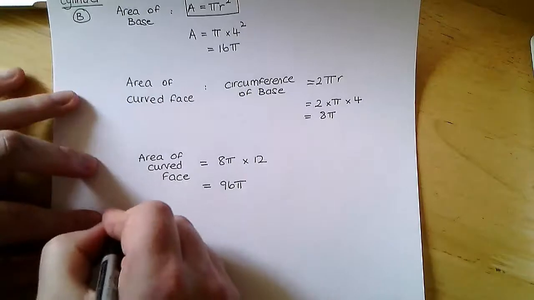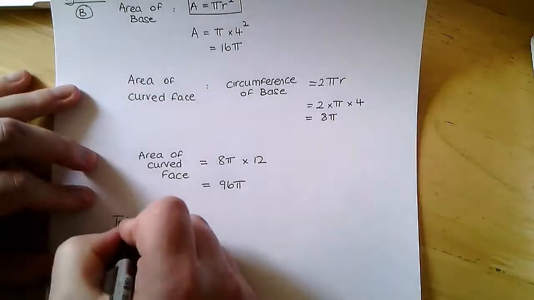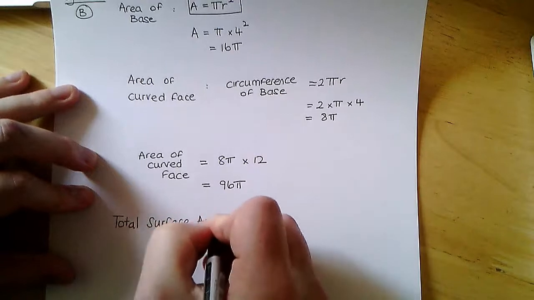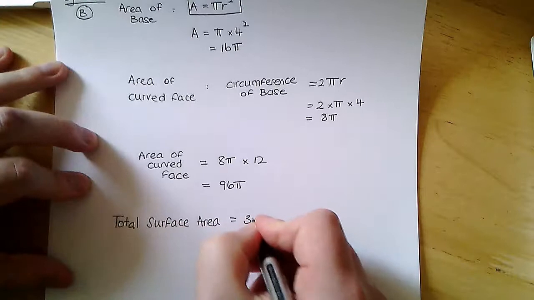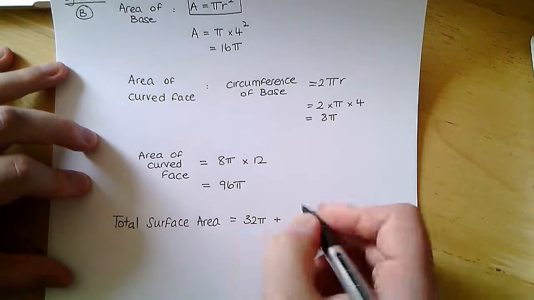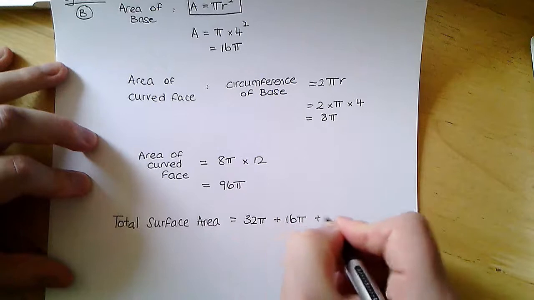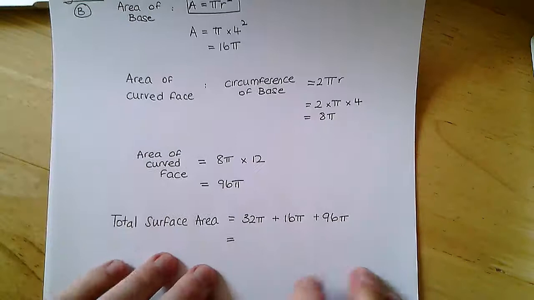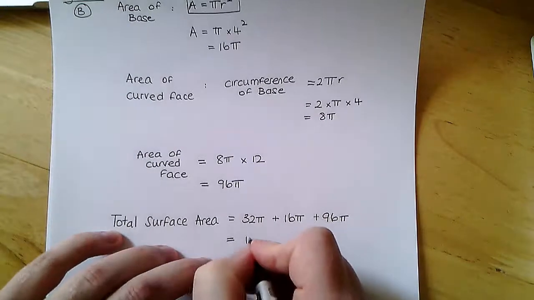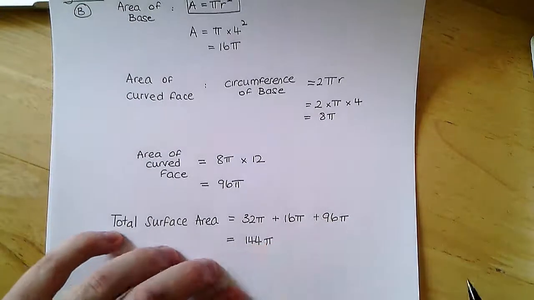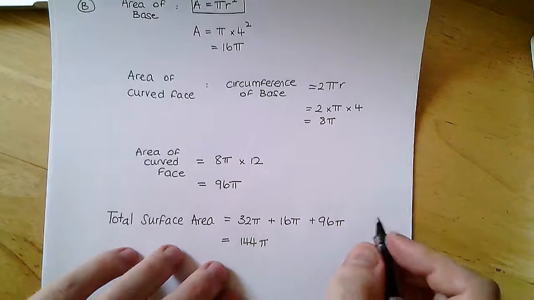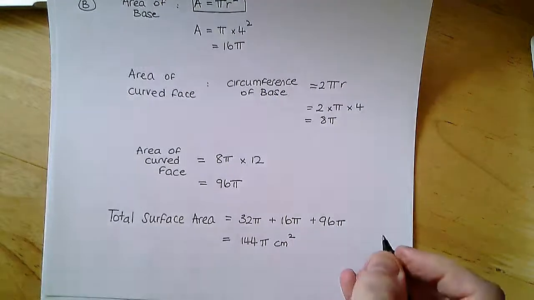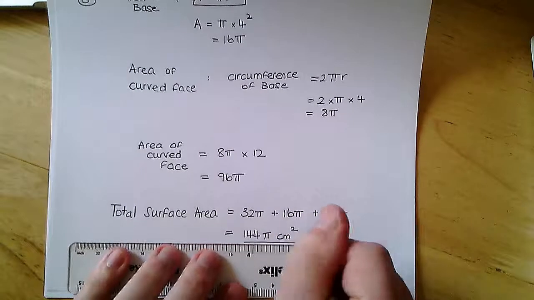So the total surface area is going to be 32 pi plus 16 pi plus 96 pi, which gives you 144 pi. And again, don't forget units, it's a surface area, so it's centimetres squared. So your total surface area is 144 pi.